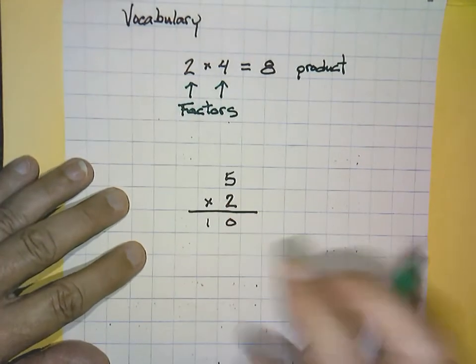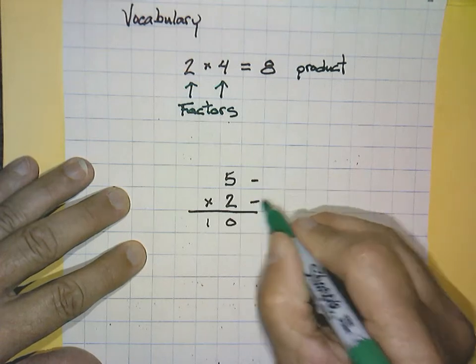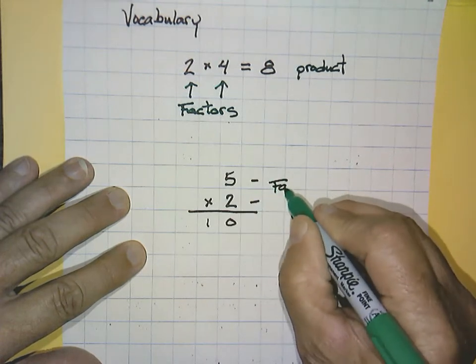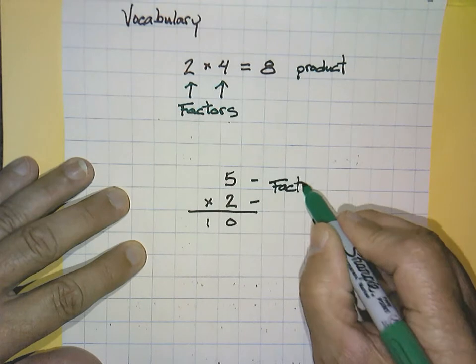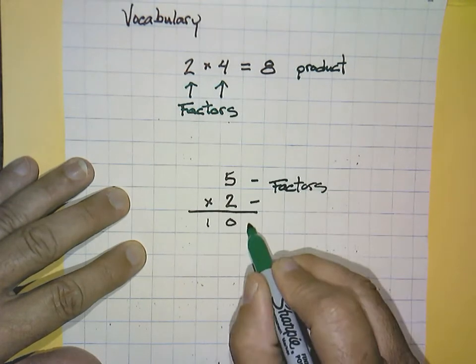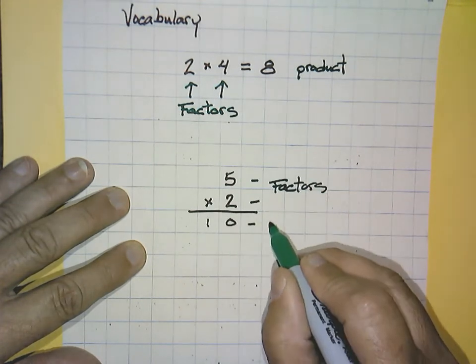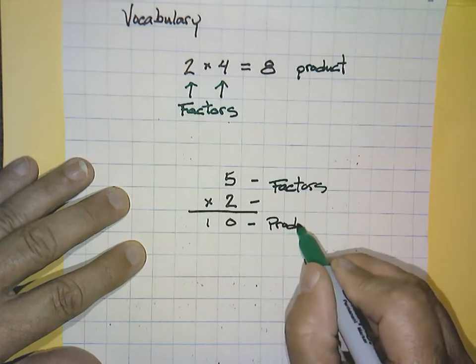Same thing here, going up and down. The 5 and the 2 are factors. And 5 times 2 equals 10. The 10 would be the product.